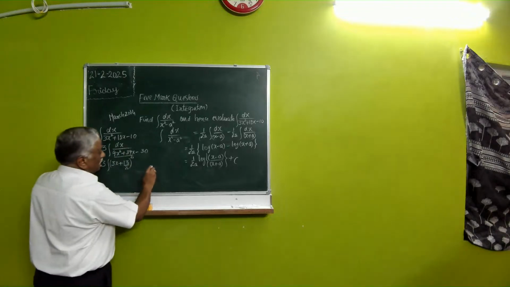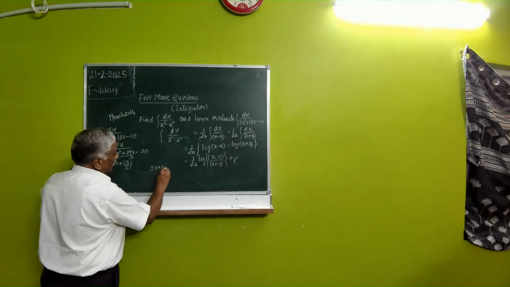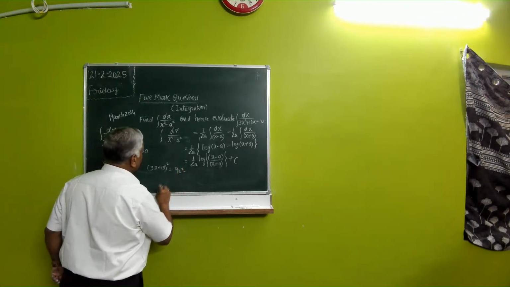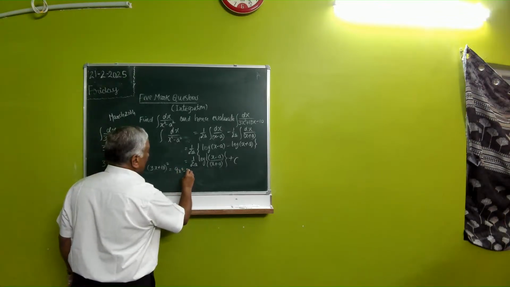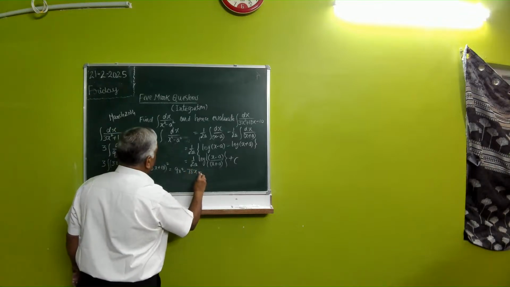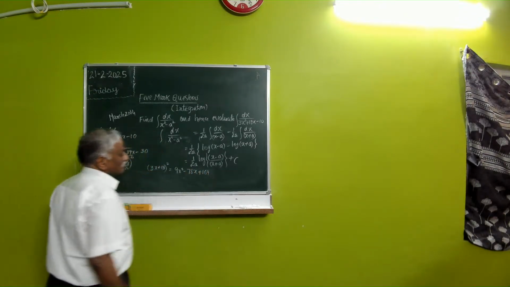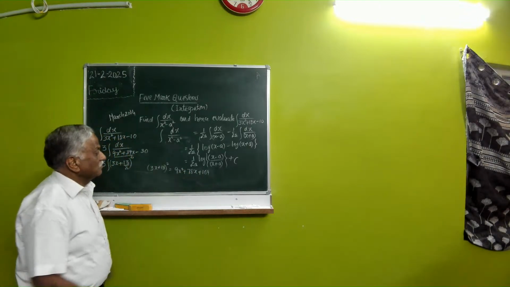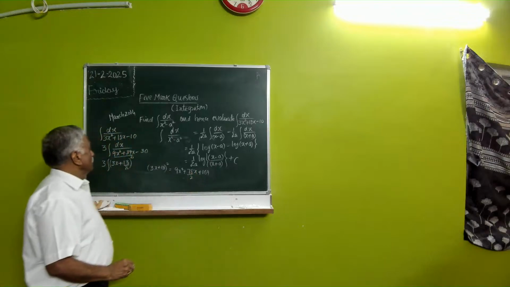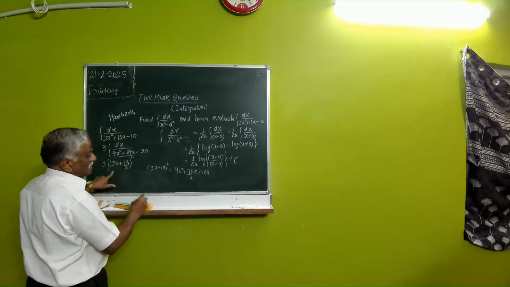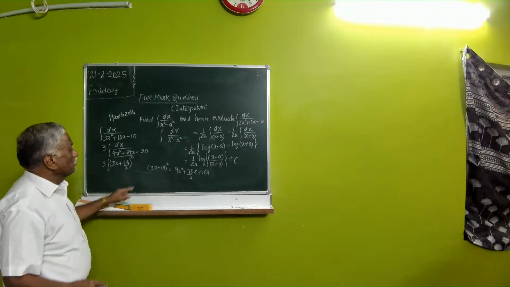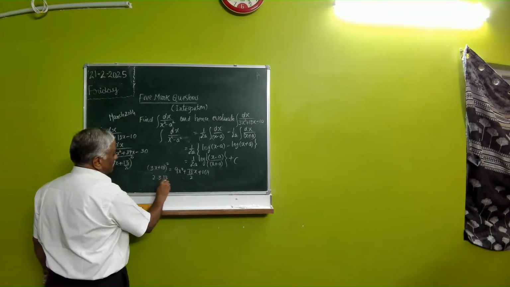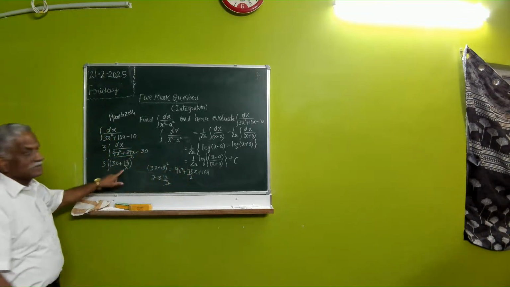Repeat. If you expand 3x plus 13 whole square, you will get 9x square plus 78x plus 169. But I want 39, so I should divide this by 2. So that when I expand this, 2 into a into b, b is 13 by 2, you get 39x.